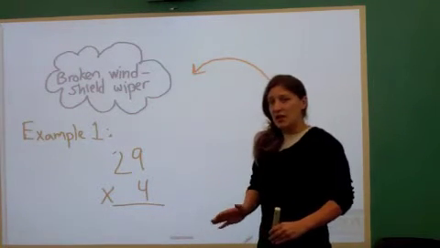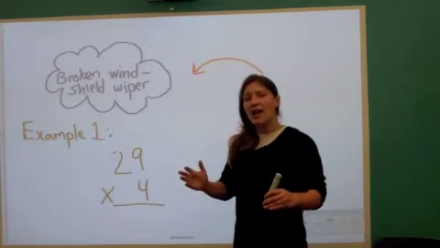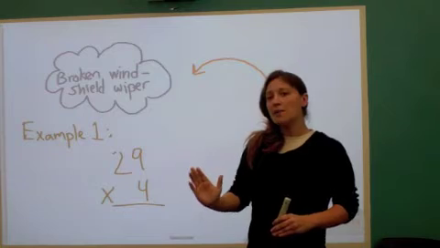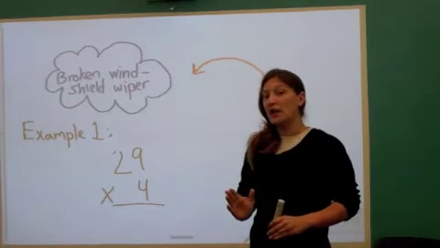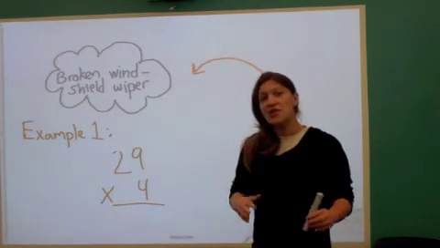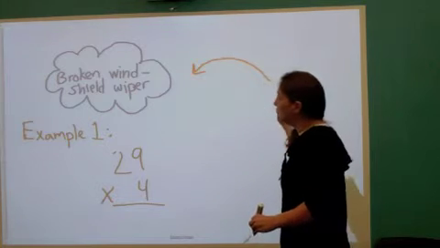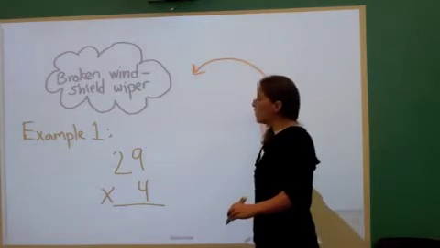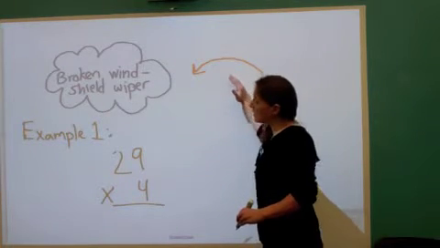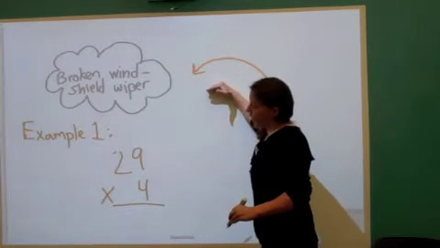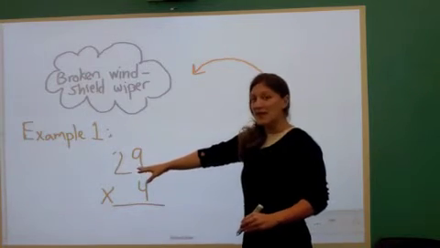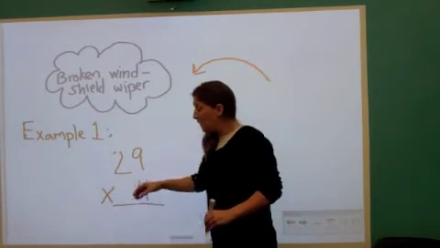In addition, when we're adding bigger numbers, we use the strategy of looking from top to bottom and adding our place values. In multiplication, it's different. We use a strategy called the broken windshield wiper. And the broken windshield wiper goes from right to left in this kind of arched way. And it stops once the place values have ended in the multiplicand.